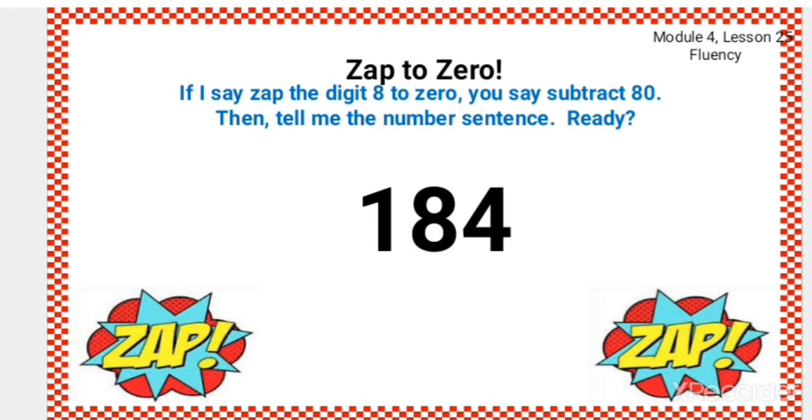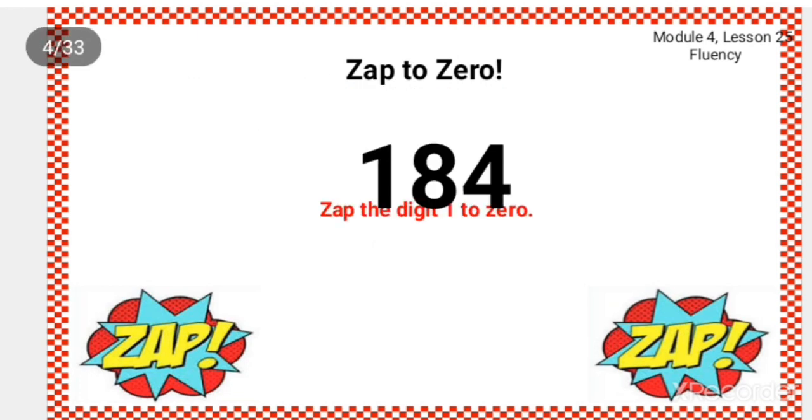Alright, let's go. Zap 8 to 0. Can I say subtract 80? So the number sentence will therefore be 184 minus 80. And what will be my answer? 104.